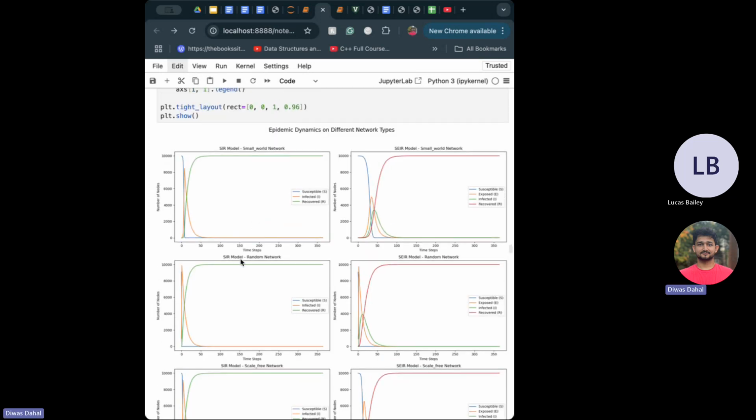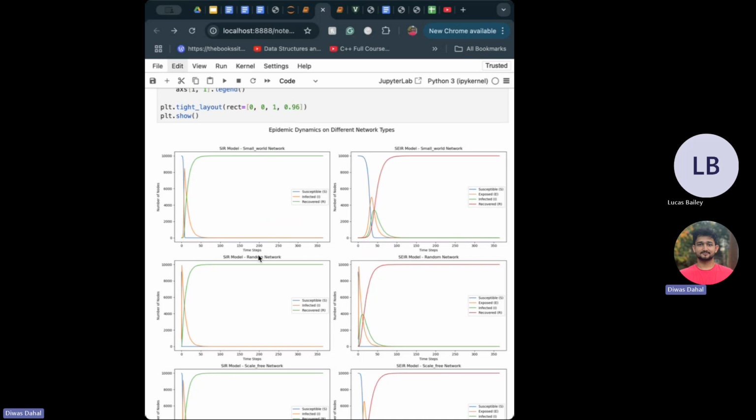As shown in the small world figure, small world networks, both SIR and SEIR models, exhibit a fast disease spread due to the network's combination of local clustering and short average path length between nodes. The high clustering allowed rapid spread within local communities, while the short path length ensured the disease can easily reach a distant node.